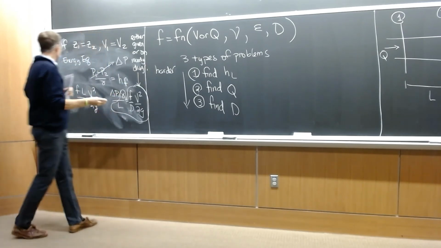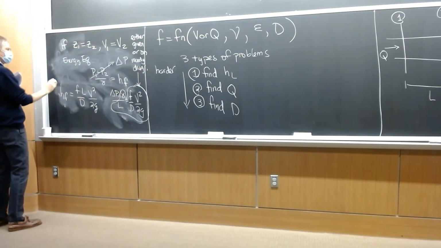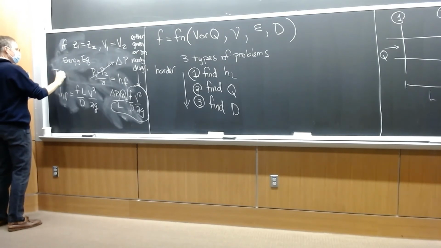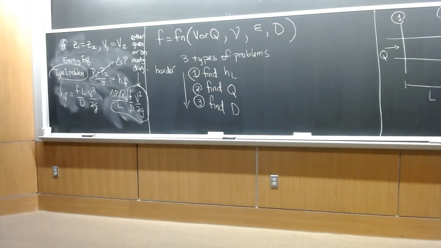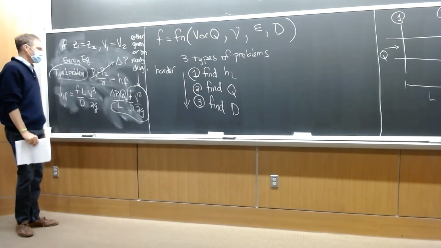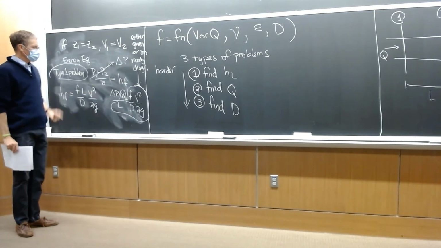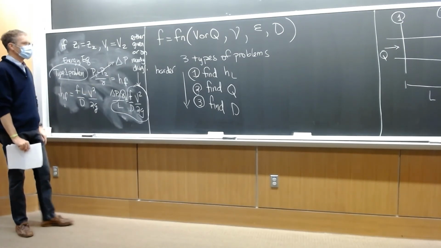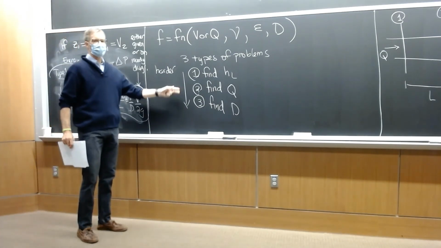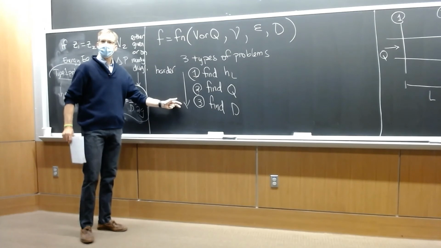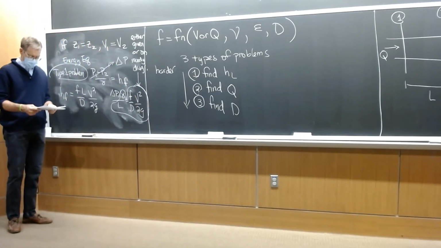And this is a type 1 problem. So all you really need to do is know how to use the Moody diagram, take the things that are given to you, and calculate what you're asked to find. Nothing really complicated in that. It's really these next two sorts of problems where the complications arise.